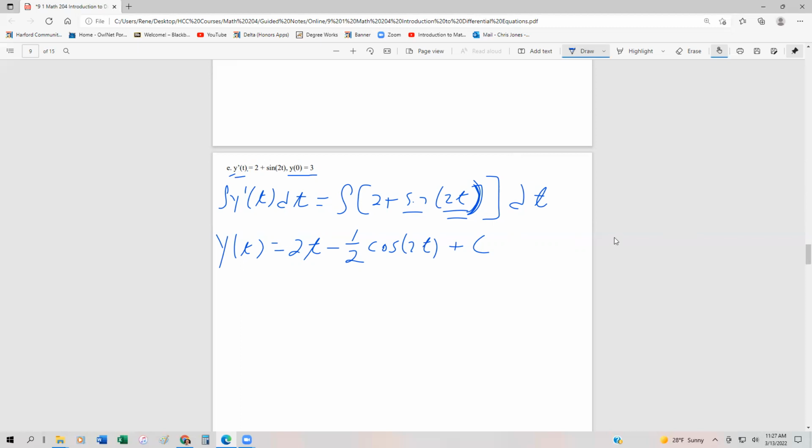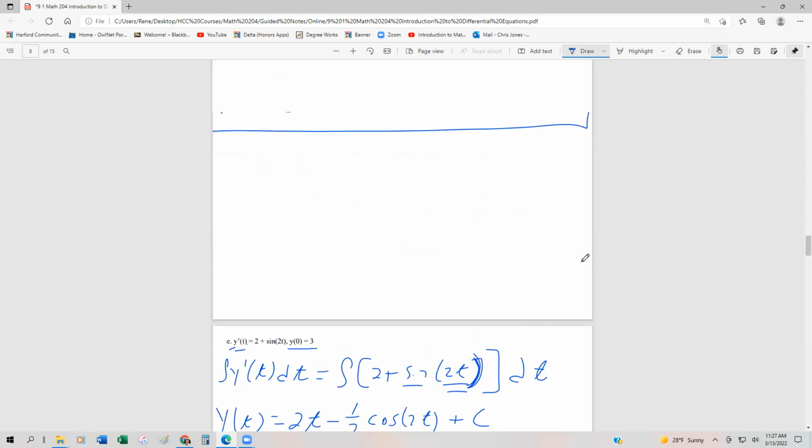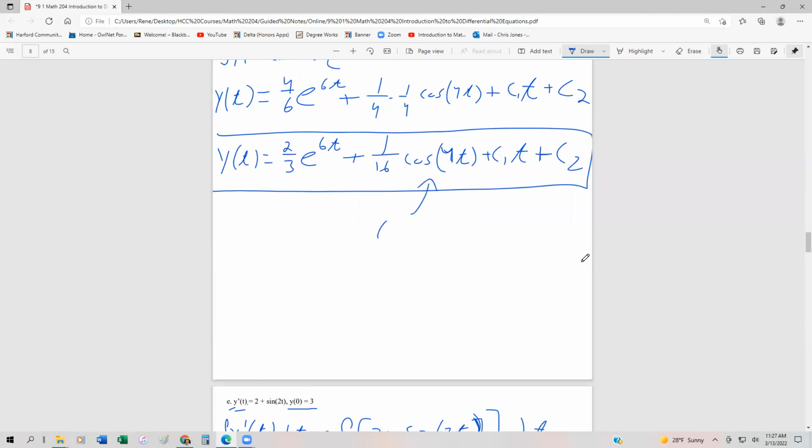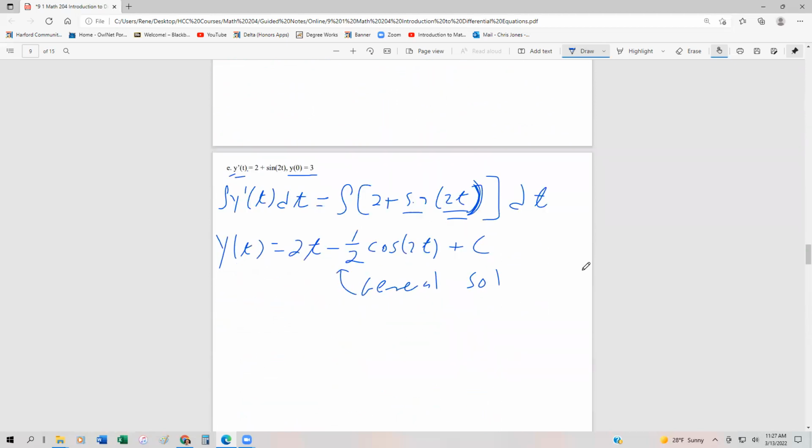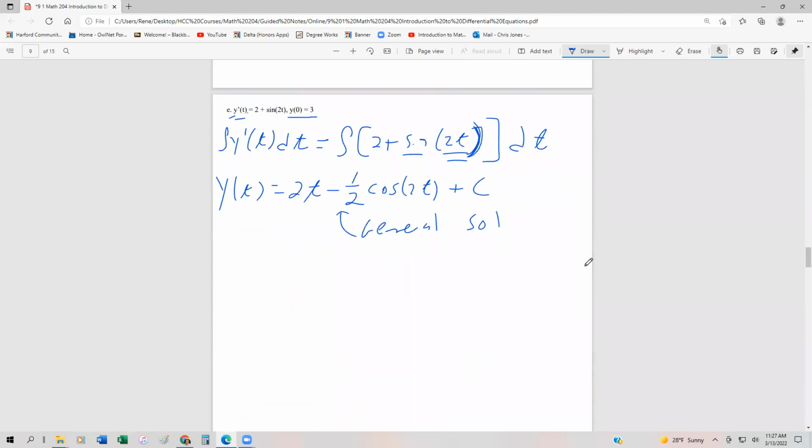Now, this is what we call the general solution. And in fact, in all of our examples, we have gotten the general solution. But we haven't taken a look at a particular solution. So here's how we're going to get the particular solution. What we're going to do is substitute this initial value back in.